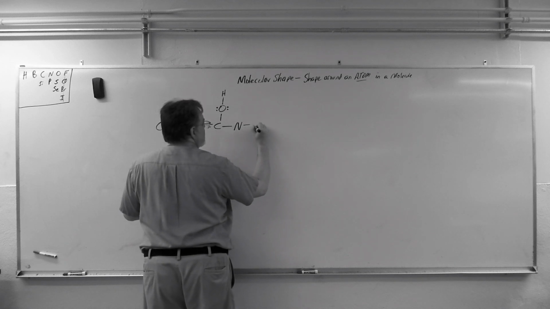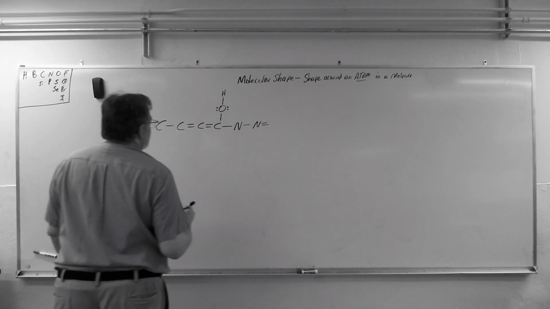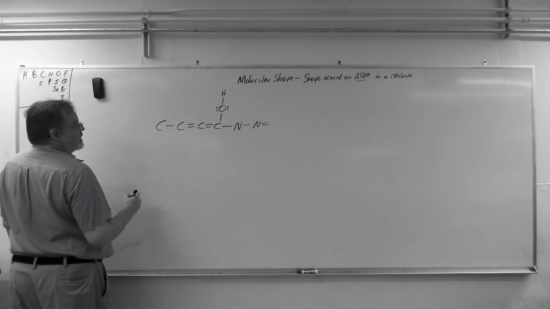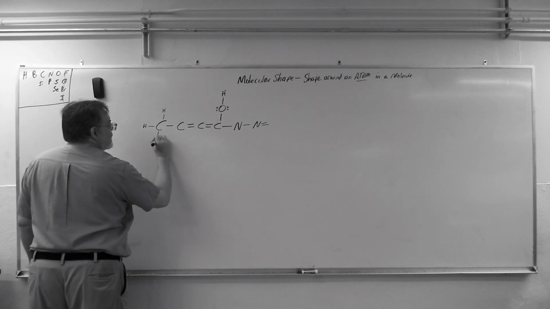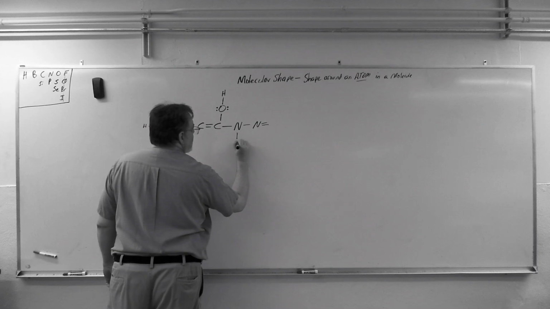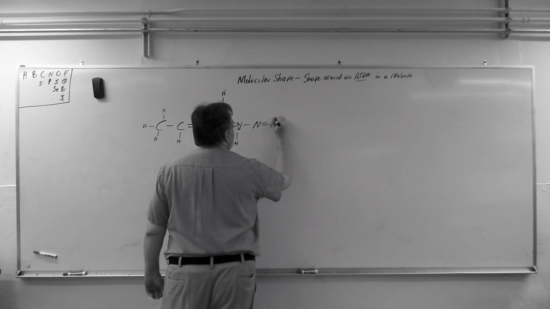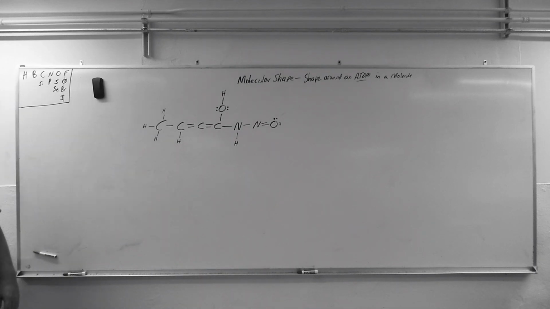Nitrogen. So there's a Lewis structure. It's got its pairs of electrons where they're supposed to be.